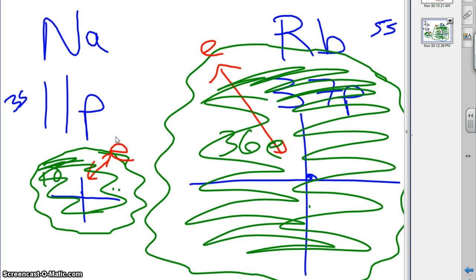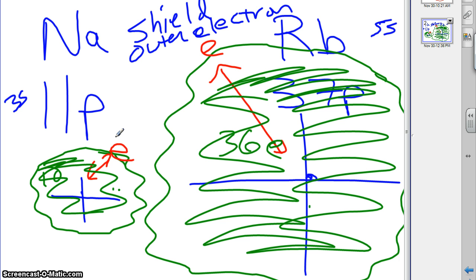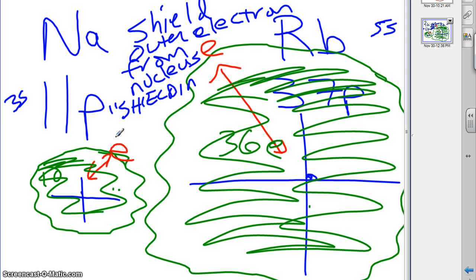And those inner core electrons shield the outer electron from the nucleus. We call this the shielding effect. The shielding effect.